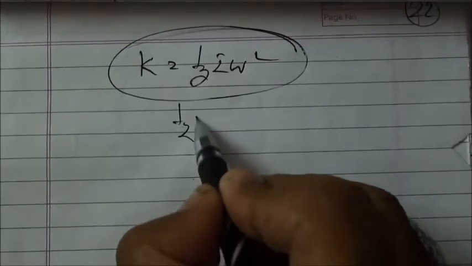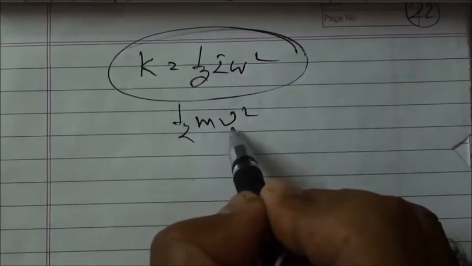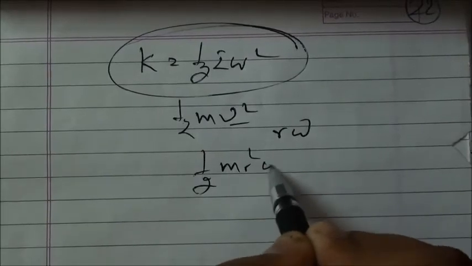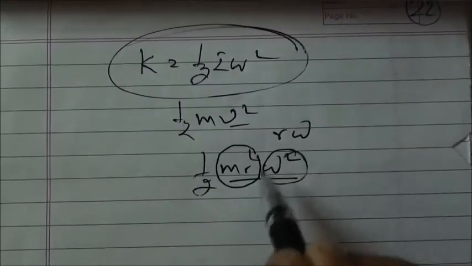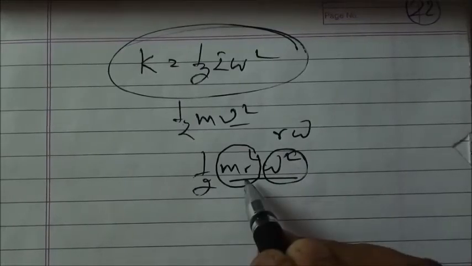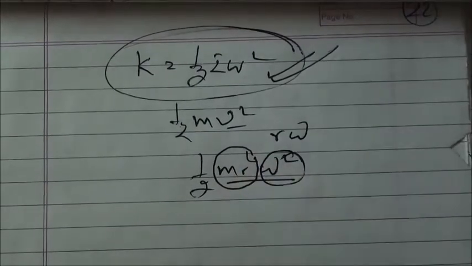And I hope you won't find it difficult to find kinetic energy in the same way. It will come out to be half I omega square. It will be the sum of all half m v square. v is r omega. So each particle will have this and omega square will be taken common, and m1 r1 square plus m2 r2 square, the addition of all this, will become I. So half I omega square.